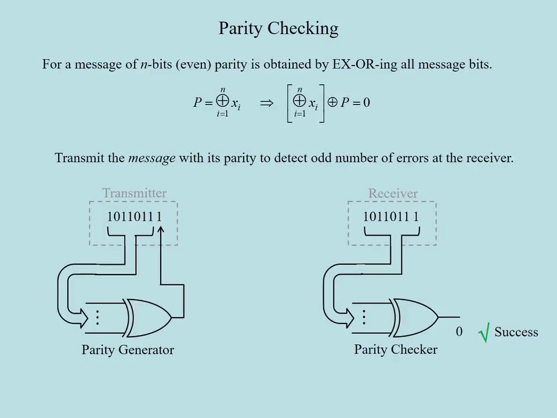Actually, we might wish to not only detect an error, but also to correct it without a retransmission. This may be achieved by using more than one parity bit in the message. Let us review one of the basic error correction methods, namely the Hamming code.